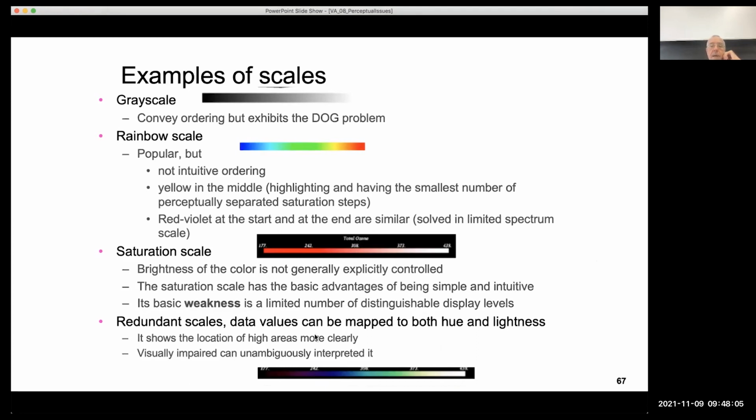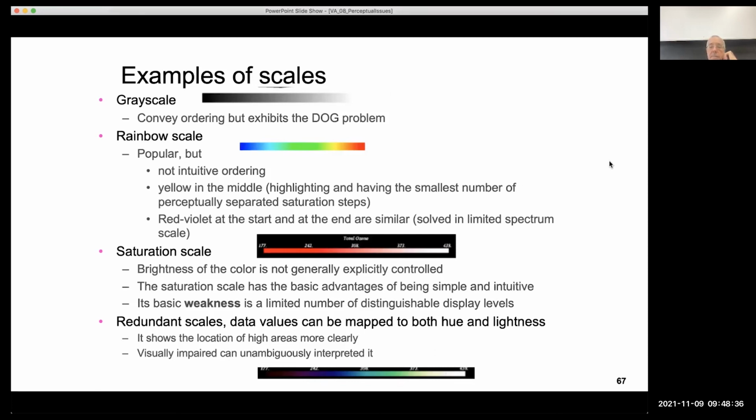And another possibility is having a redundant scale. Here we are using both hue and lightness. So this scale is going from a dark blue to white, and it is perceived as clearly increasing. The idea of using double encoding is a very good one.